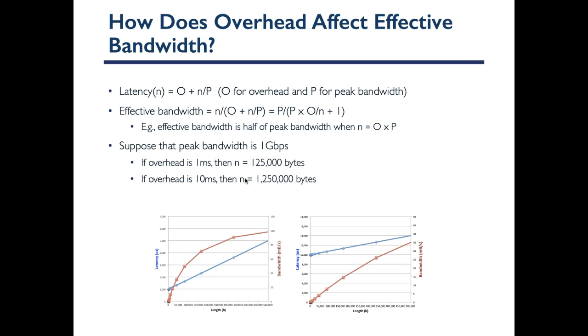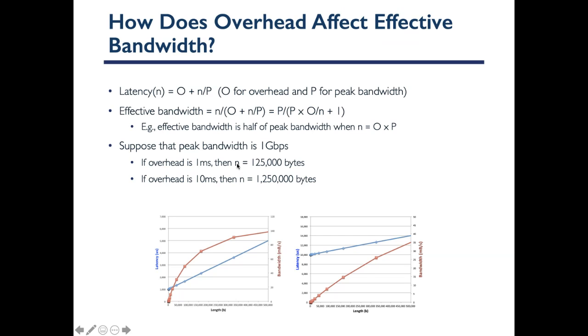Now, if you have a slower system where the overhead is 10 milliseconds, then you have to send 1,250,000 bytes to just get to half of your peak bandwidth. And if you want to reach higher bandwidth, you have to increase the number of bytes that you're transferring.